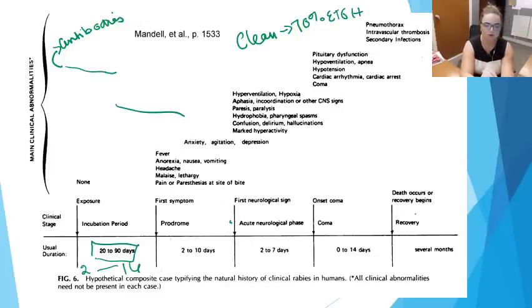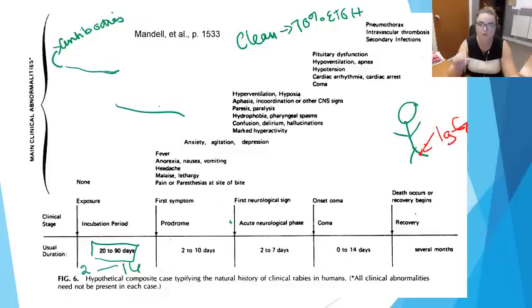So you're going to give the first vaccine on day 0, and then you're going to give 5 more doses on a weekly basis. In the meantime, you're going to give the immunoglobulin right at the site of infection. So if this is my person who's recently been bit, let's say they got bit here, we're going to put the immunoglobulin here, right? And it's going to bind up free virus.